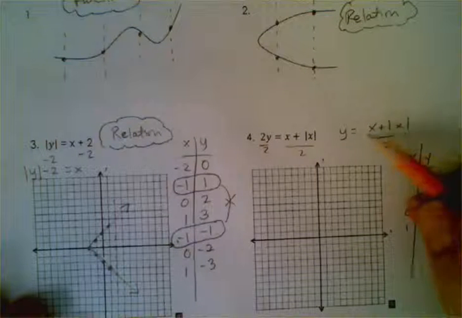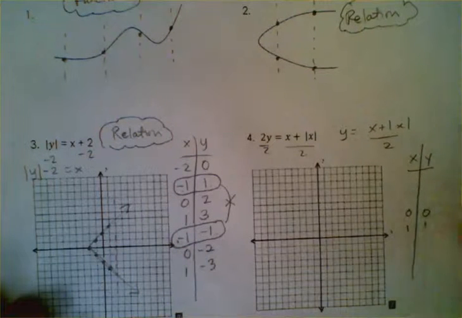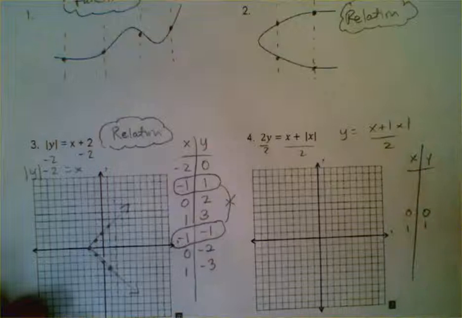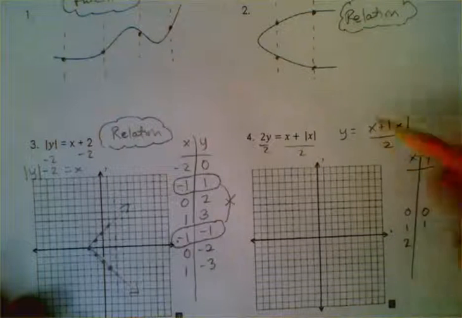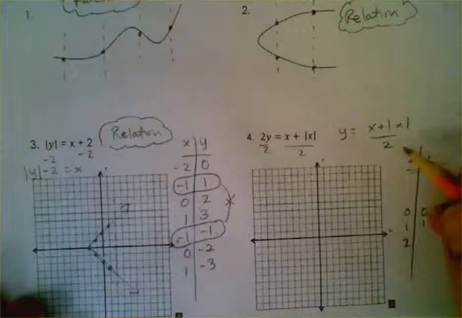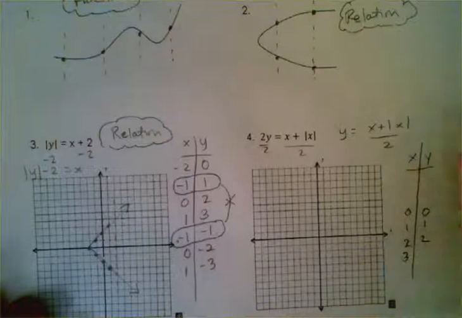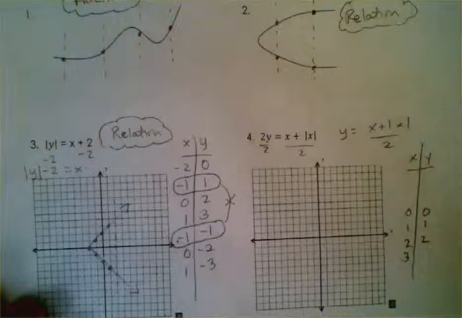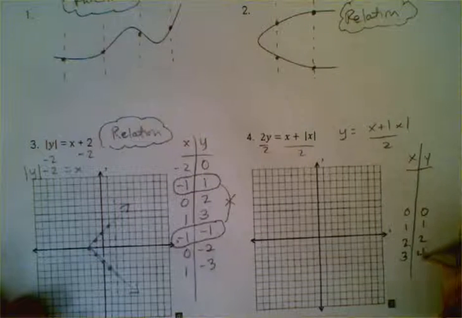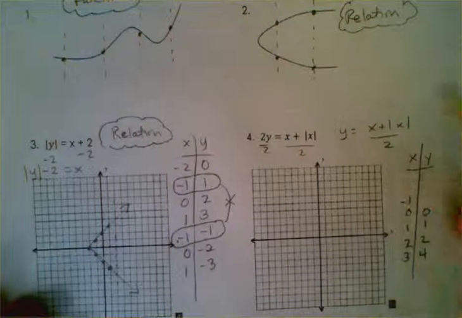Put in positive 1, I get out 1. It's 1 plus 1 divided by 2. Put in 2, so 2 plus 2, 4 divided by 2 is 2. Put in 3, 3 plus 3, 6 divided by 2 is 3. Let's try some negatives here.